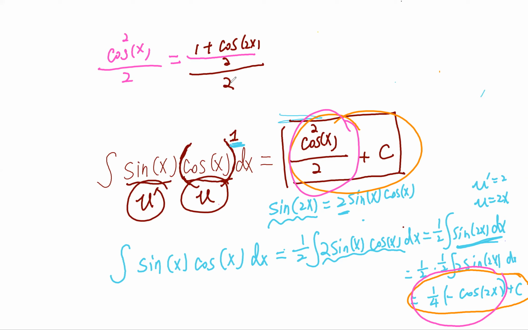Anybody see that? Let's simplify a little bit right here, right? So that's gonna be 1 plus cosine 2x over 4.